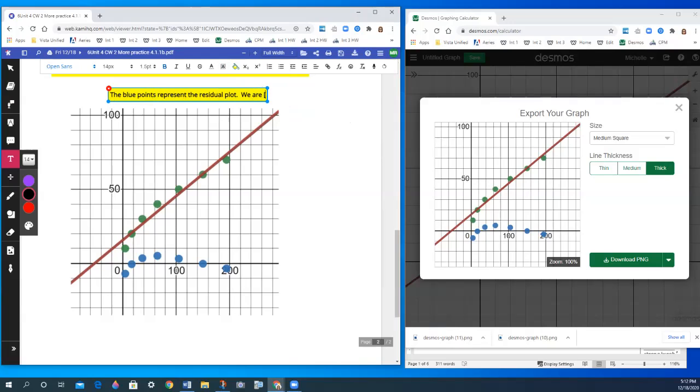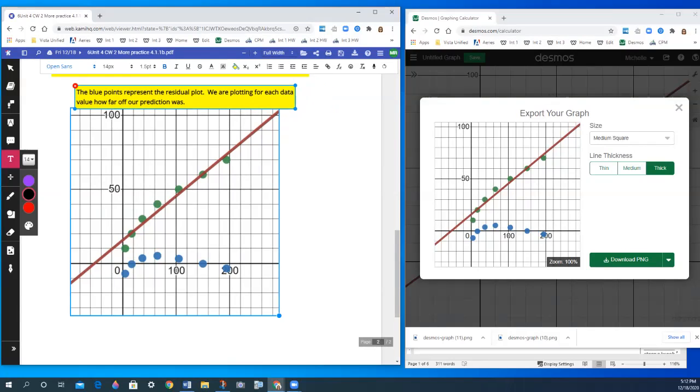We are plotting, for each data value, how far off our prediction was. That's what we're doing. Okay. So again, that's this blue right here.